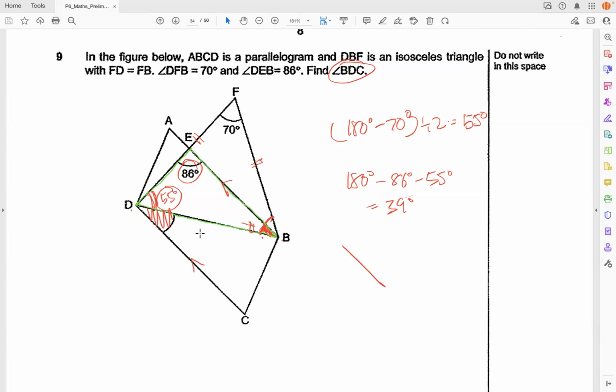So it's like two parallel lines and a line cutting across. So this angle is equal to this angle, right? Can you see that? So this is also 39 degrees. So the answer is 39 degrees. Any questions? If not, let's continue with the next one.